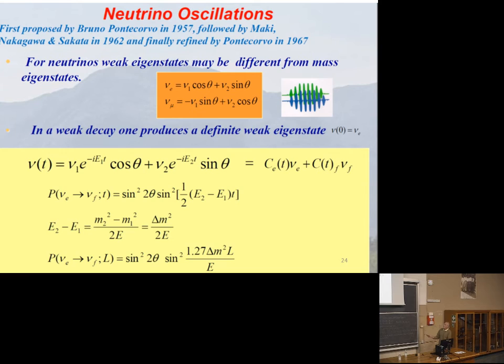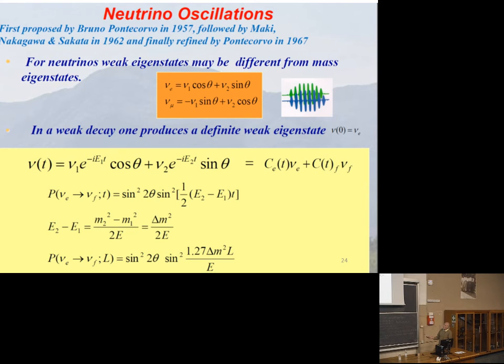As I say, this is in my notes, so you can look at it. And the energy difference between the two neutrinos is given by this. And we end up with formulas that are the ones that you see in the literature. So the probability that I have a neutrino after some length L is given by this formula here.